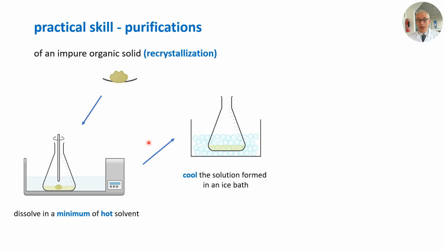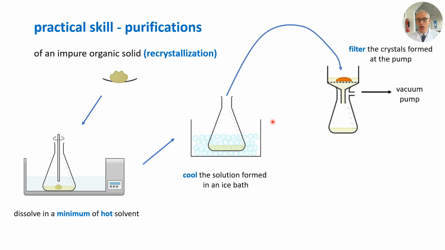Now, most textbooks will then include filtration whilst hot, but in most school laboratories that process is generally omitted because of its difficulty. So if we move straight on to the idea of having dissolved your solid in a minimum of hot solvent, you then cool the solution in an ice bath to recrystallize.